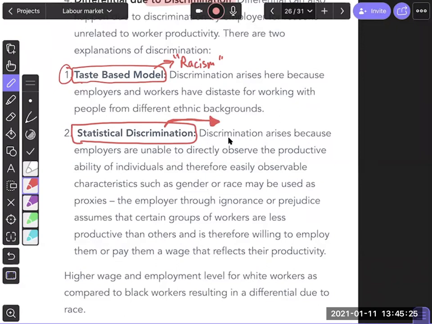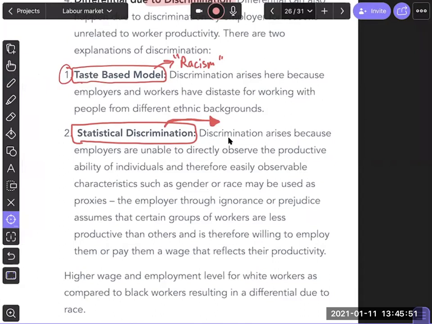It's not that you hate African Americans, but you feel they may not be good for your organization. So you are using race, or sometimes gender, to make a judgment about that person.